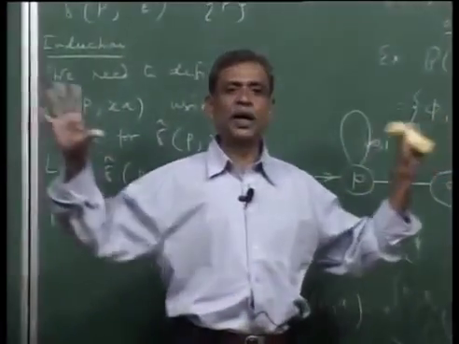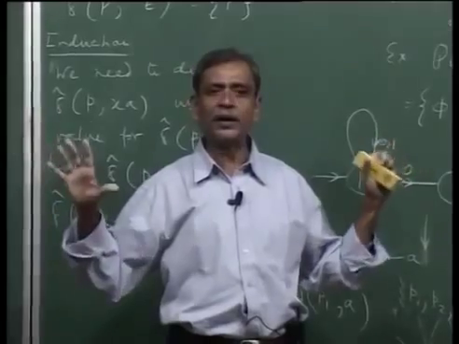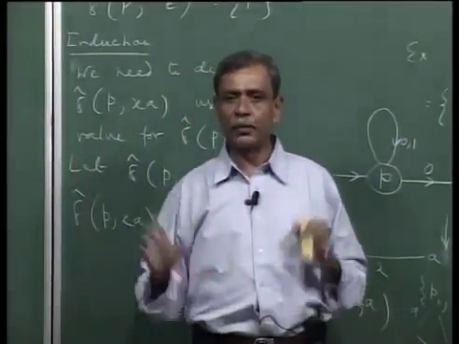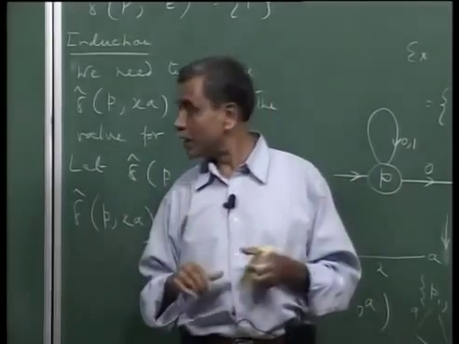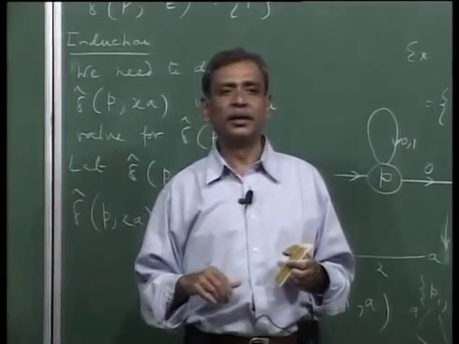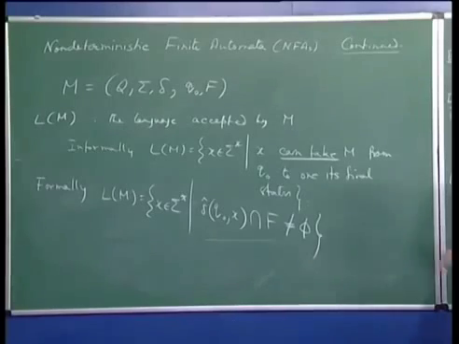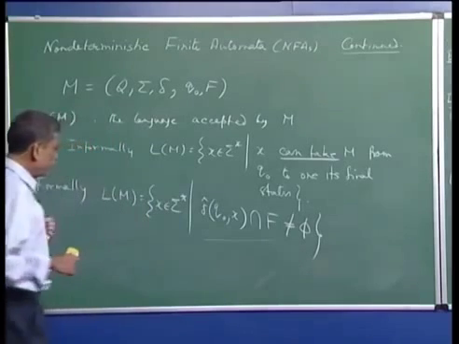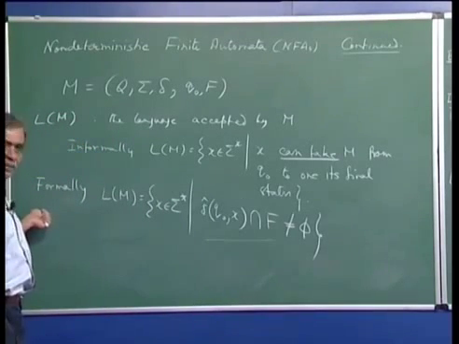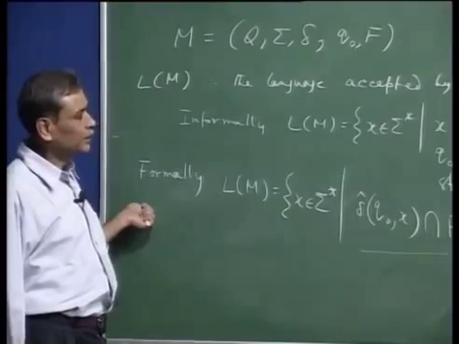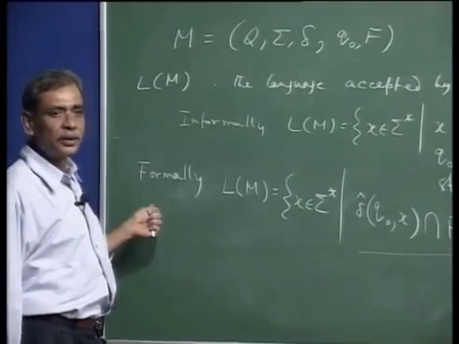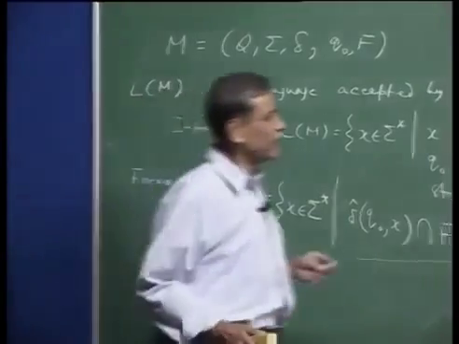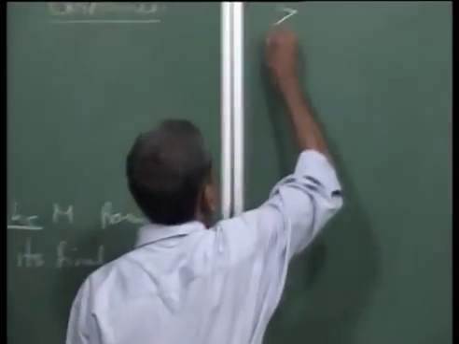So I have two classes of languages, one defined through DFAs, the other defined through NFAs. What is the relationship between these two classes? In particular, it is easy to see that if a language is accepted by a DFA, then it is also a language accepted by an NFA. So, let me write it down. Let me state it.